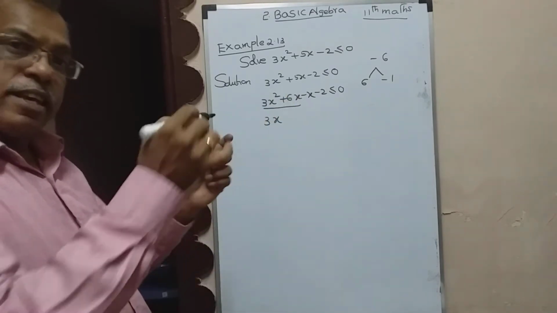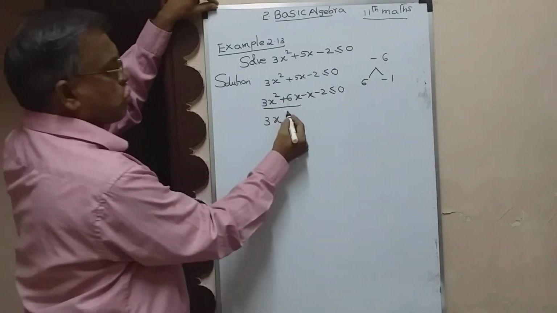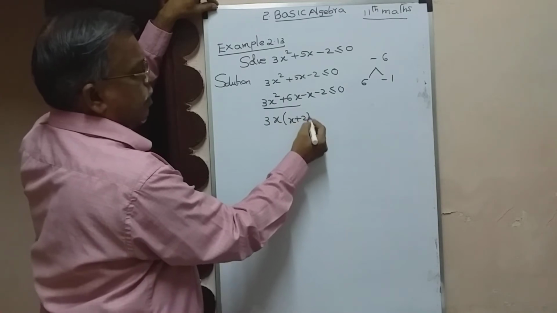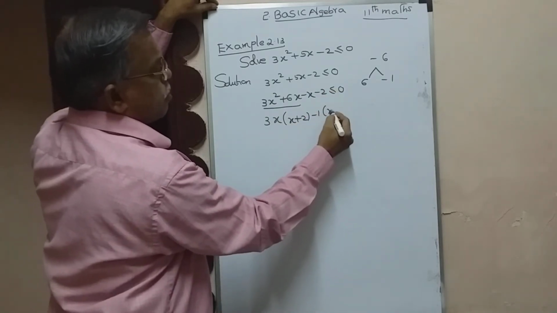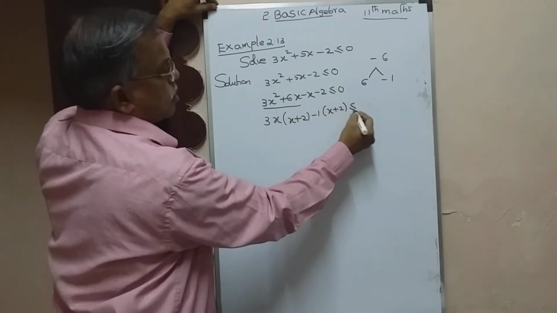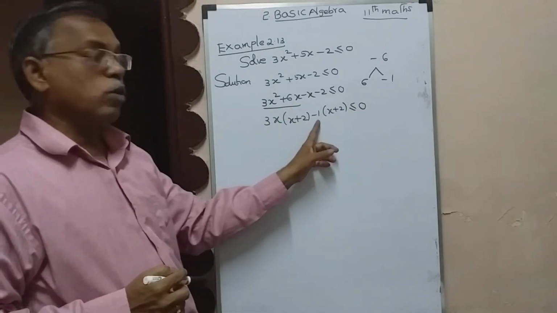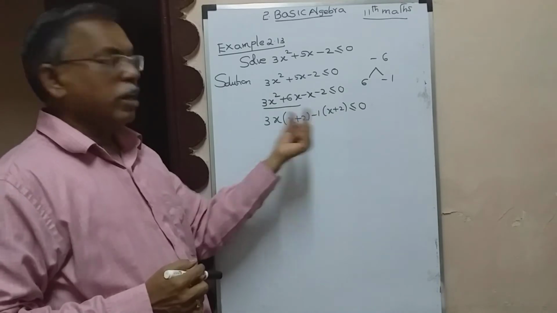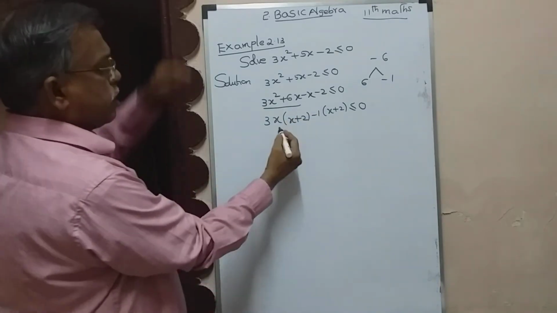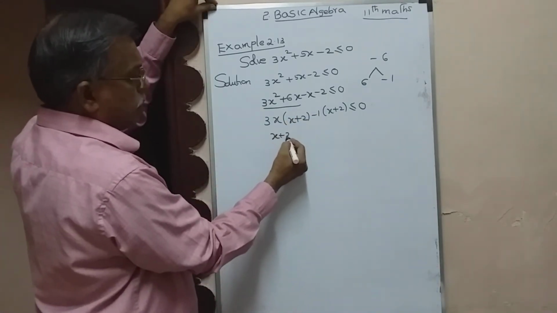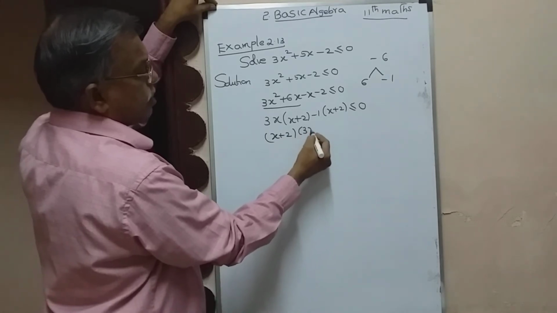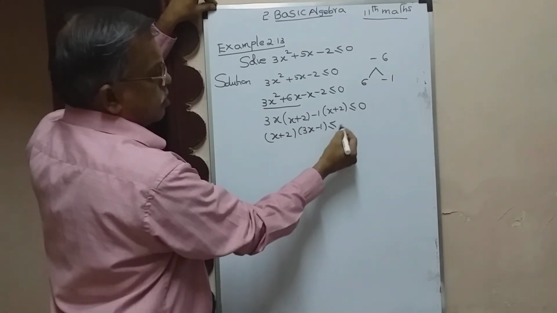So 3x is there in both the terms. So x plus 2, next minus 1 into x plus 2, less than or equal to 0. Why minus 1? If I take minus 1 only, again x plus 2 will come. So now, if you take x plus 2 as common, then you will get 3x minus 1 less than or equal to 0.